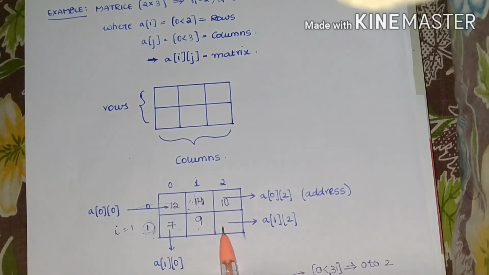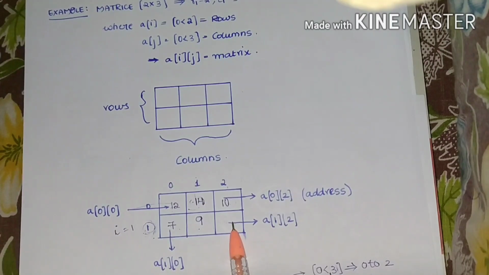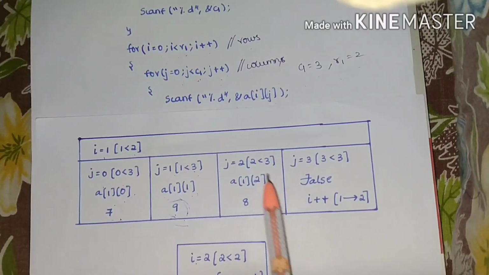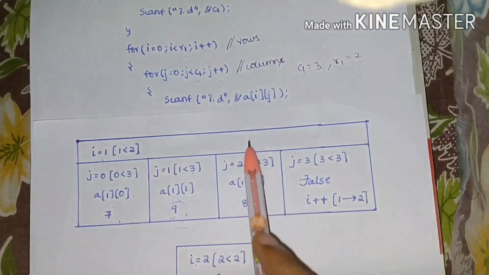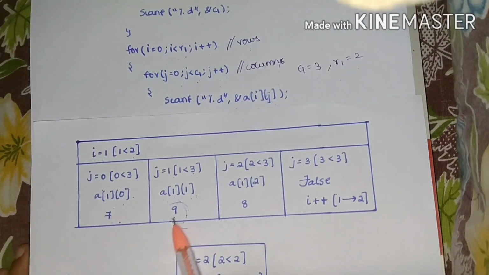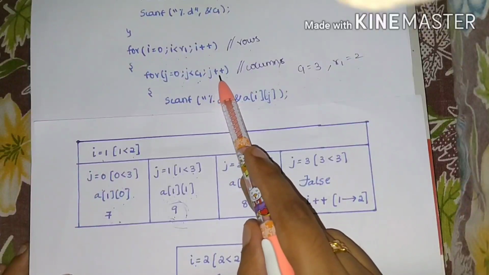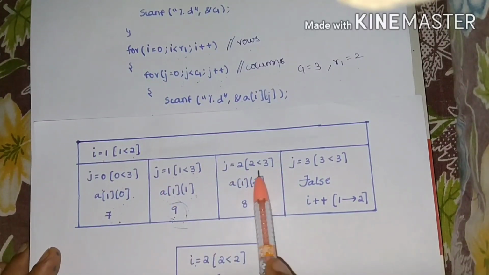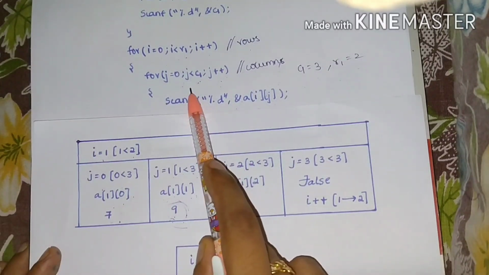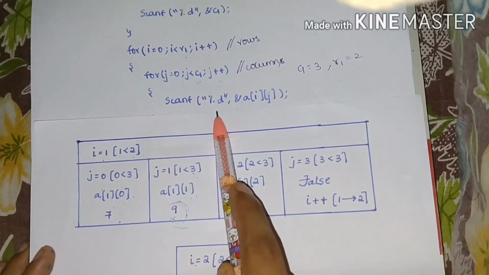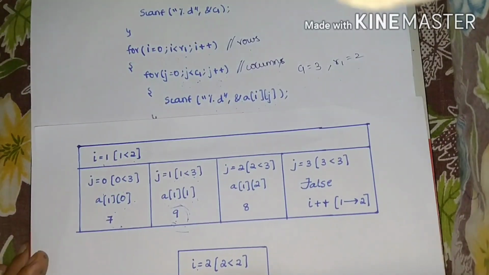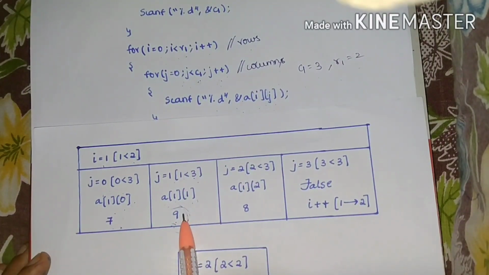Now the last box has to be filled. Let's go into the loop again. 9 has been entered. Again the loop gets incremented. That means the j value gets incremented from 1 to 2. 2 is less than 3. Again it goes into the scanf, a of I of j. A of 1 of 1 is 9.